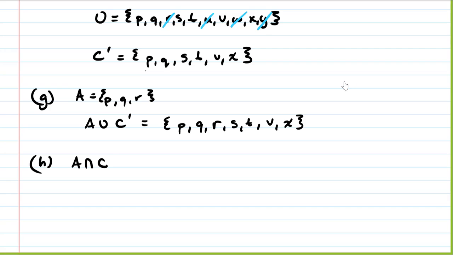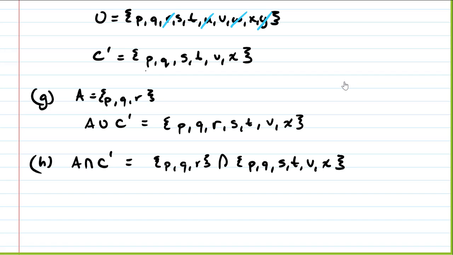So A intersect C prime is going to be our P, Q, R intersect with C prime, which was our answer from up here: P, Q, S, T, V, X. The only things these have in common are P and Q. So the intersection of A and C prime is going to be P, Q. So that's our "and" and our "or," so our intersection and our union of sets and complements.